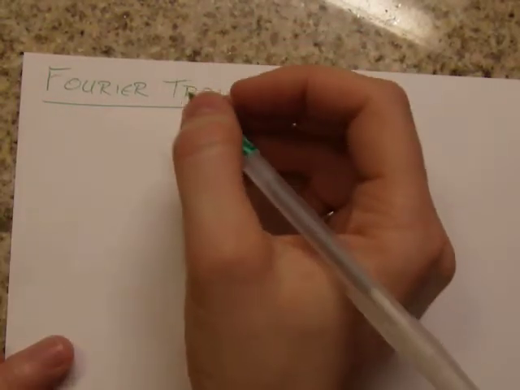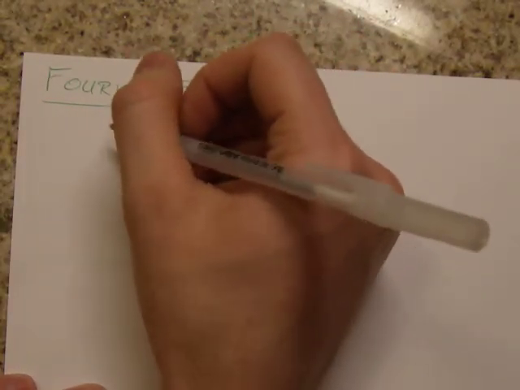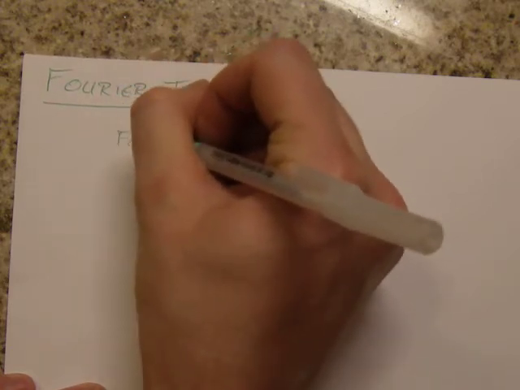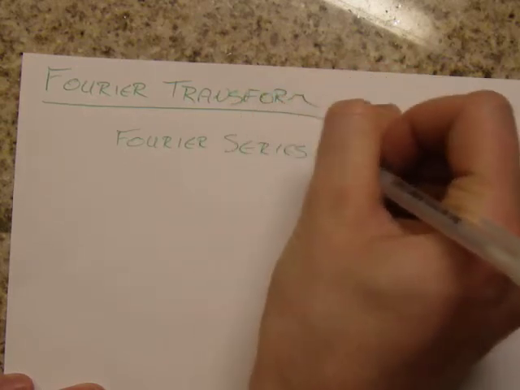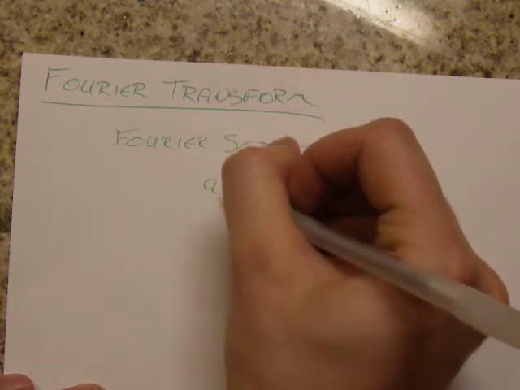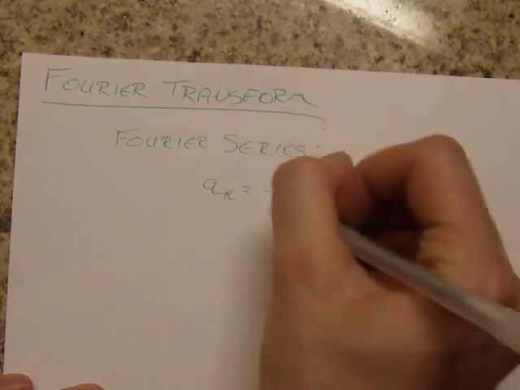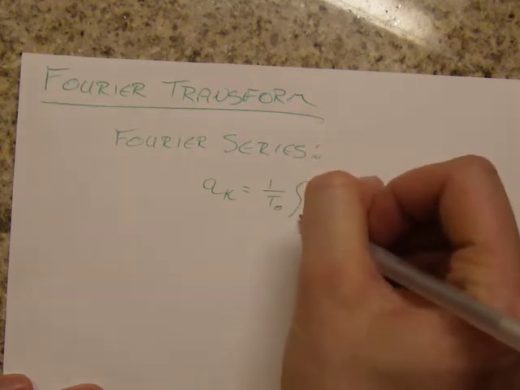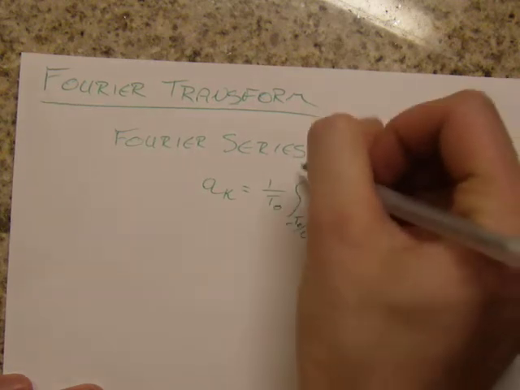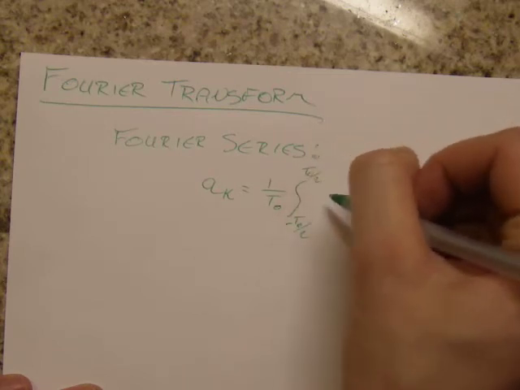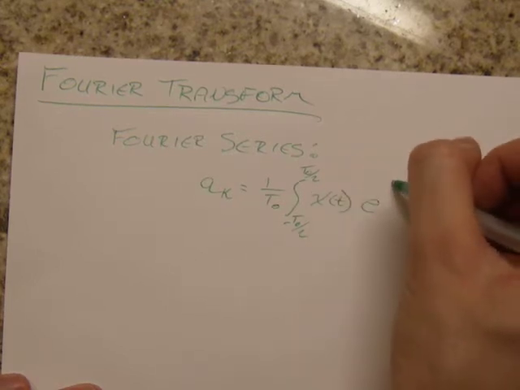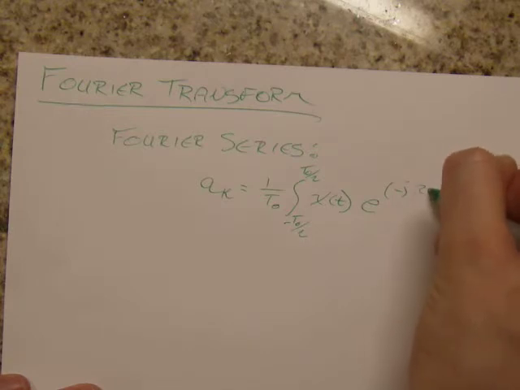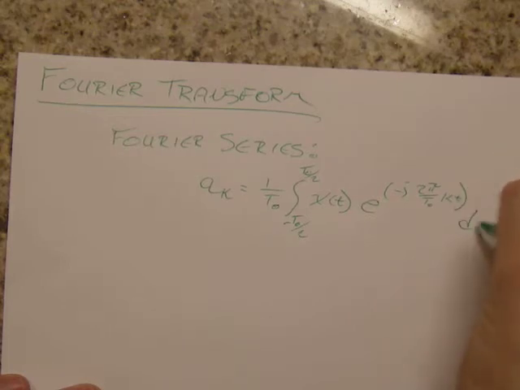If we look at the Fourier series, we have the following. a of k is equal to 1 divided by t naught, the integral from negative t naught divided by 2 to t naught divided by 2 of x of t times the exponential of negative j 2 pi over t naught kt dt.